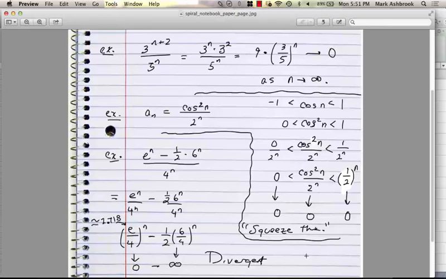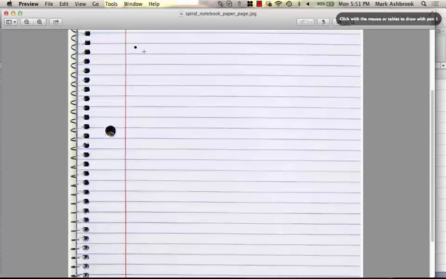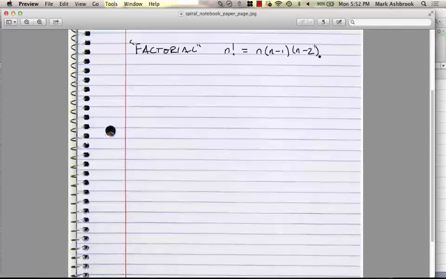Okay, so then there's another thing that comes up in these. They're called factorials. Questions on these examples? So n factorial is where you start at n and you multiply by n minus 1, then n minus 2, and you keep multiplying down until you get to 1 and you stop.